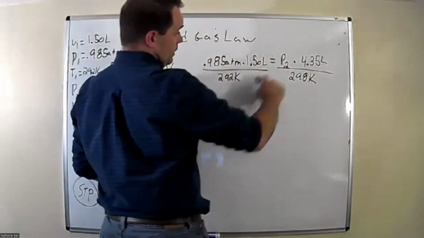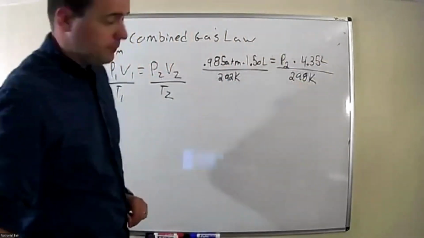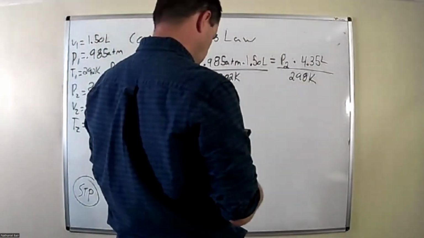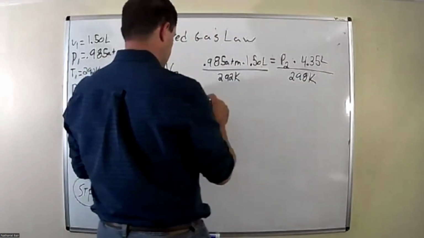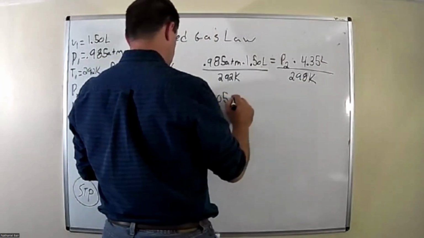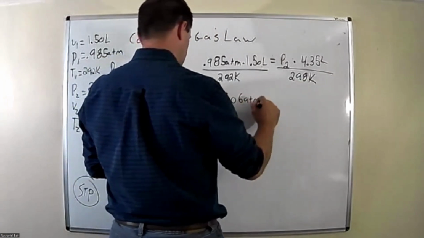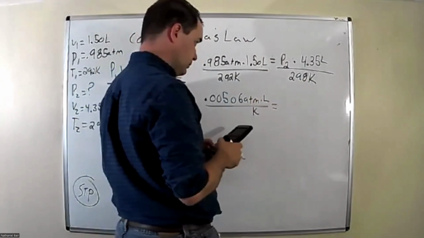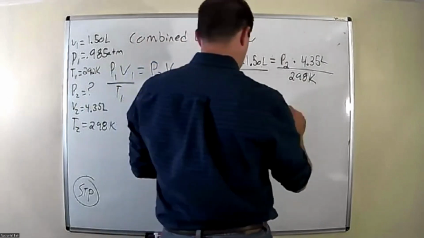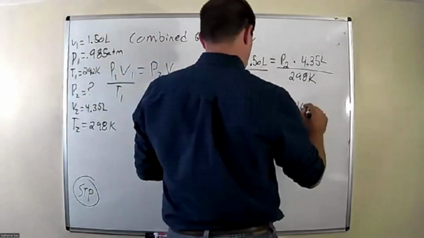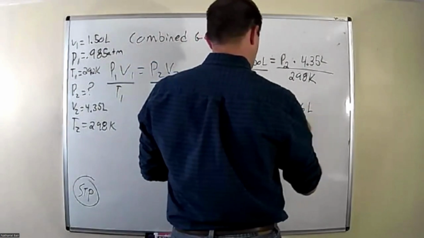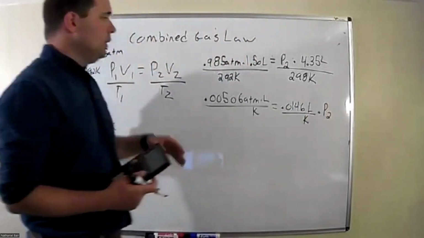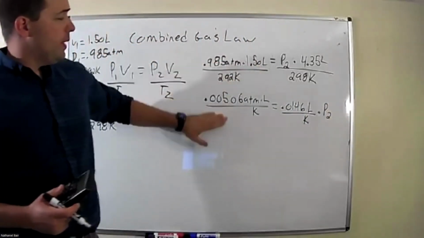So I'm going to get a number here and I'm going to get a number here. So I simply multiplied these two and divided by that.